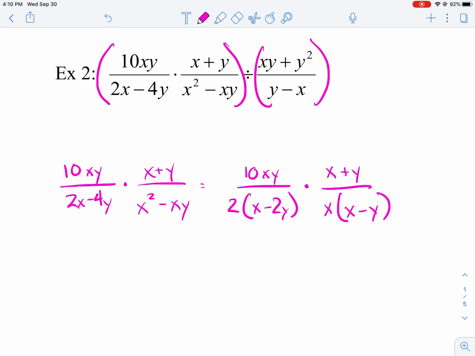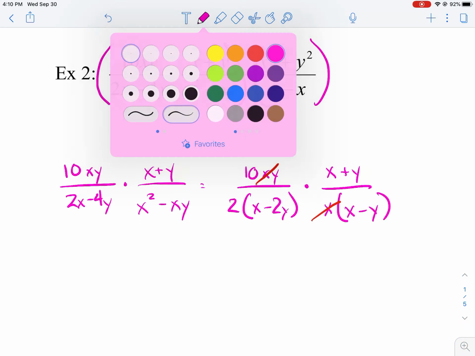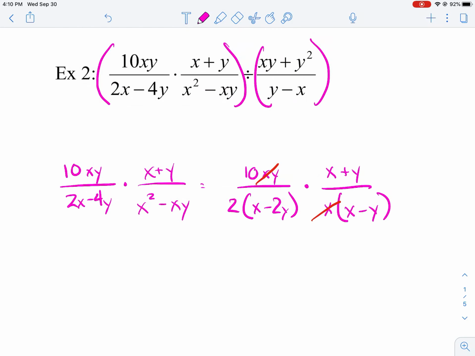I do see one thing that kind of goes away. It's this x and this x, these two x's here. So we're left with 10y divided by 2 times (x minus 2y), times (x plus y) over (x minus y).